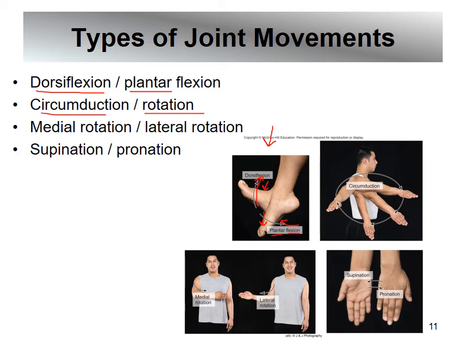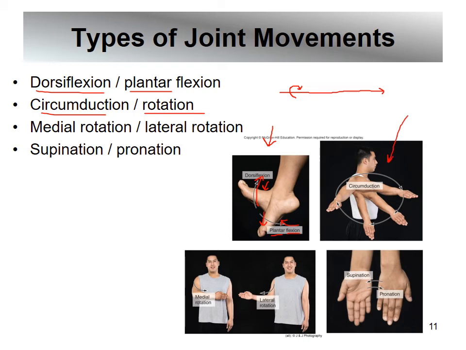Circumduction and rotation are ones that are a little bit odd. What I'll tell you is if I have an axis, a point of rotation here, rotation is if I move around that axis and stay on the axis. So let's say I stick my hand straight out at my shoulder, pointing out to the side, and I rotate my arm, but I don't move it like I'm making circles, like you see this guy in this picture doing circumduction.